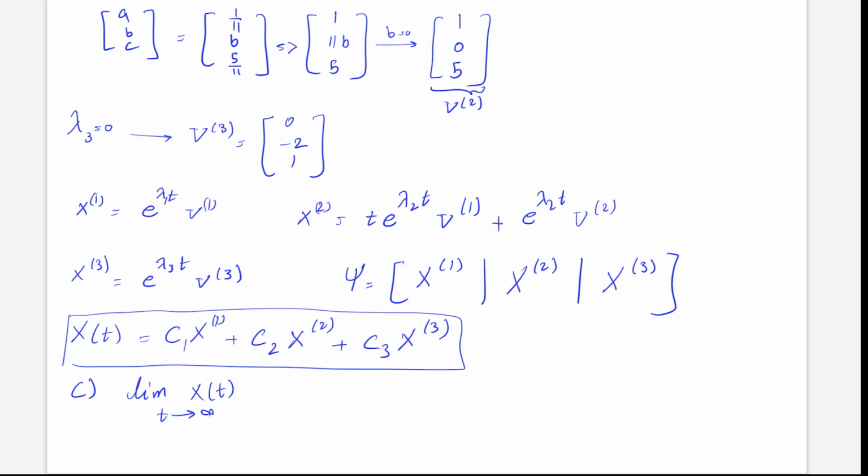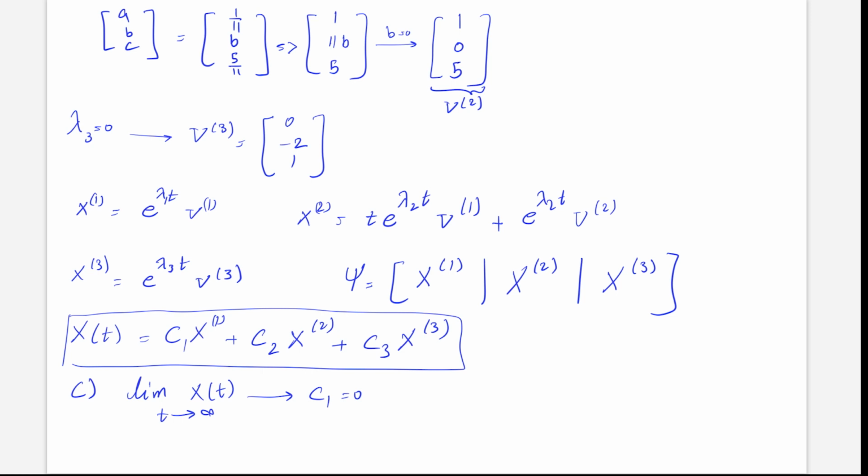And in order for this limit to exist, we will notice that c1 should be 0. Because if c1 is not equal to 0, then the expression will approach infinity.